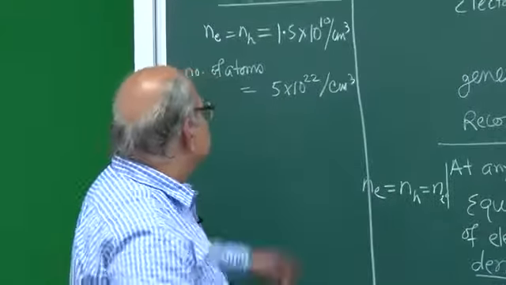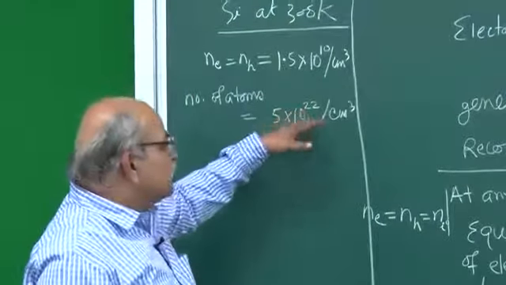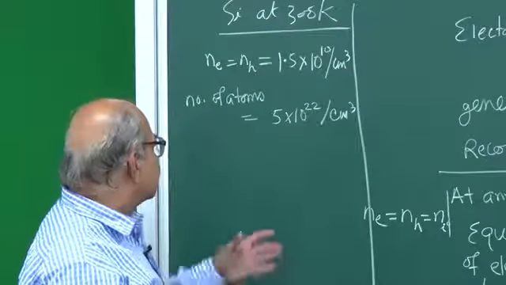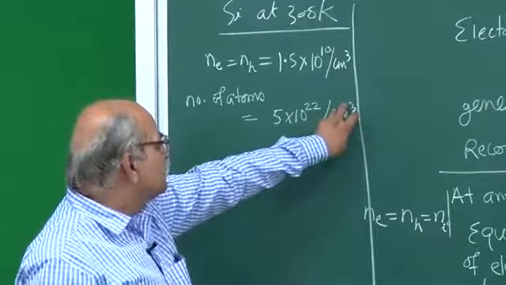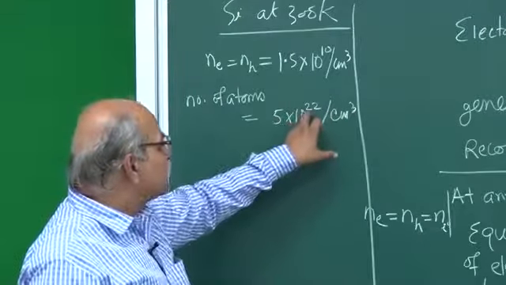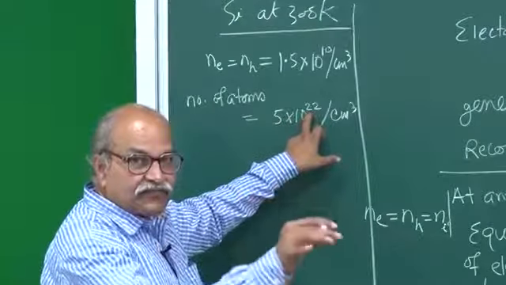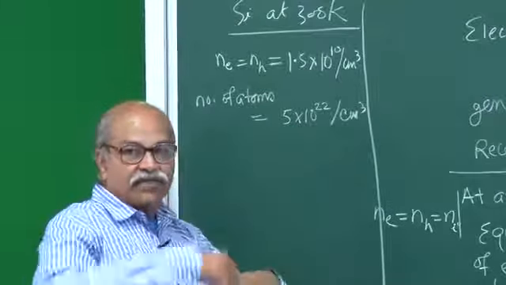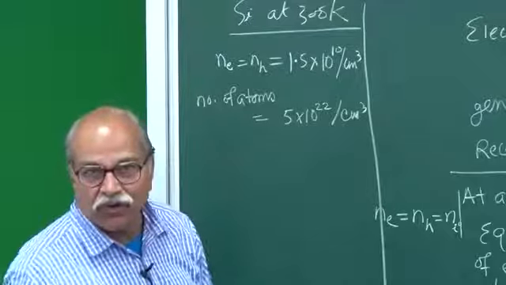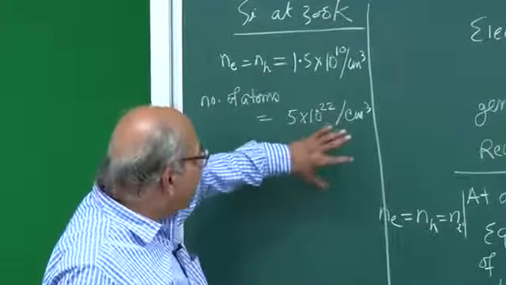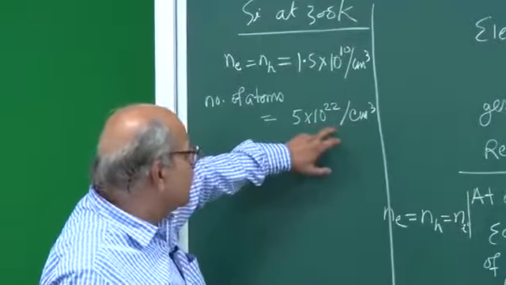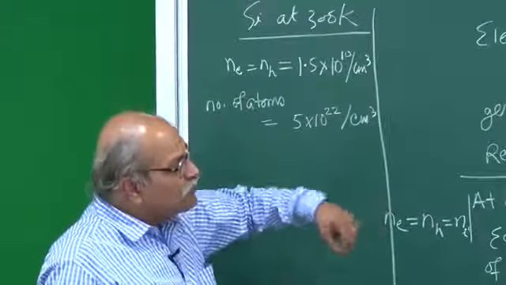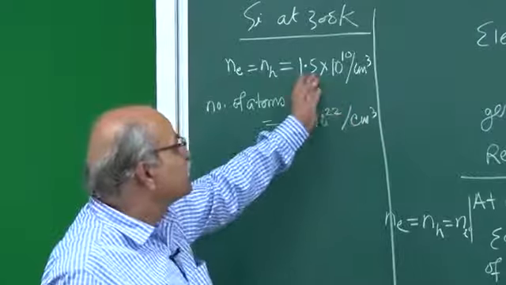So you can see the ratio: in any silicon crystal, per centimeter cube you have 5 into 10 to the power 22 atoms, and each atom has all those 4 bonds. How many bonds are broken, how many valence band electrons have gone to the conduction band, that number is this.